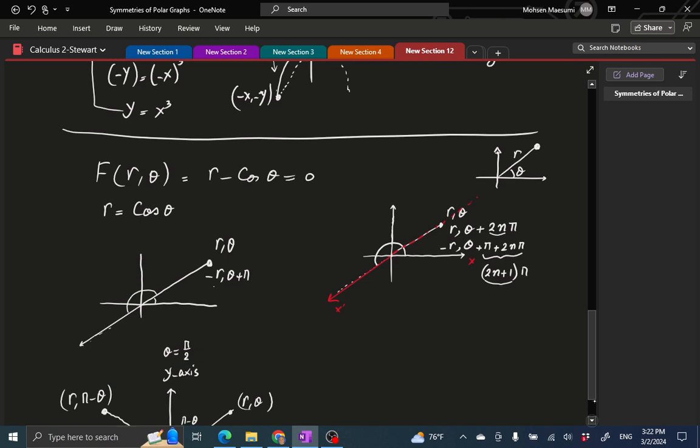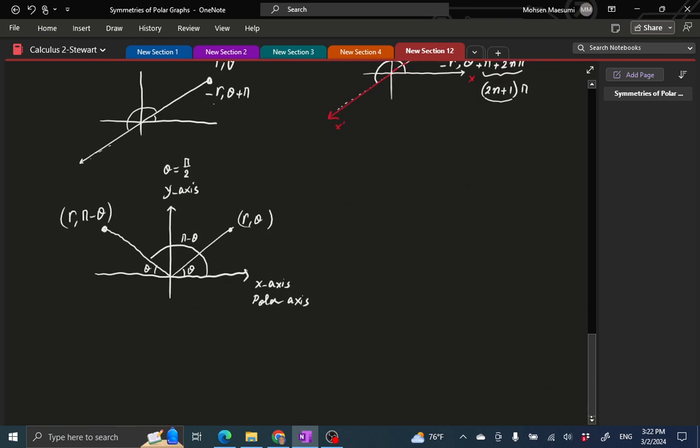So let's go ahead and do this. Either I leave r intact, and whatever angle I have, I add 2n pi to it. The other option was flip the distance to negative, minus r, take your angle, and add an odd multiple of pi to it. We had these two options. Let's go ahead and simplify.